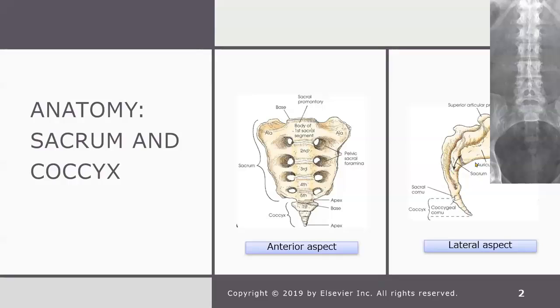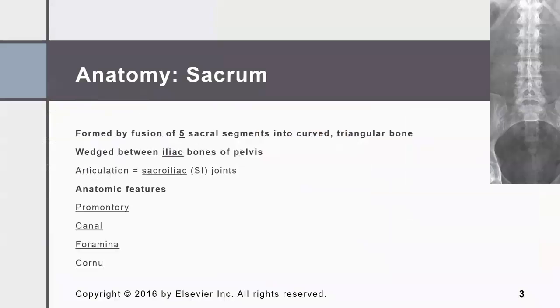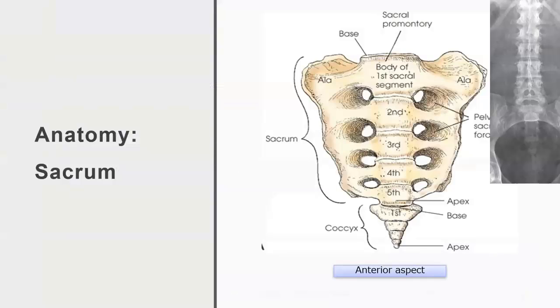If you can find an oblique of it, you'll find 2 little bony protuberances jutting inferiorly, called the cornu. So once again, the promontory is up at the top, then the foraminas. The canal would run along the posterior side of the segments. The cornu would be on the posterior side, bony extensions that angle inferiorly.